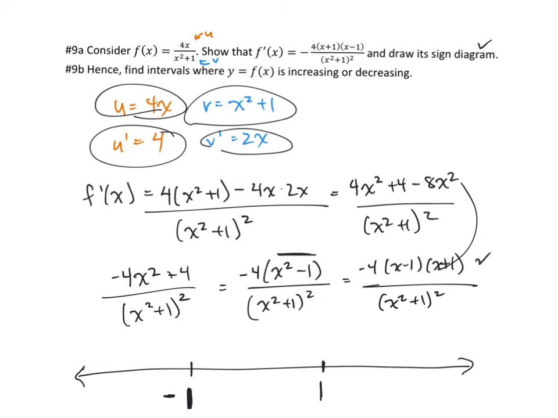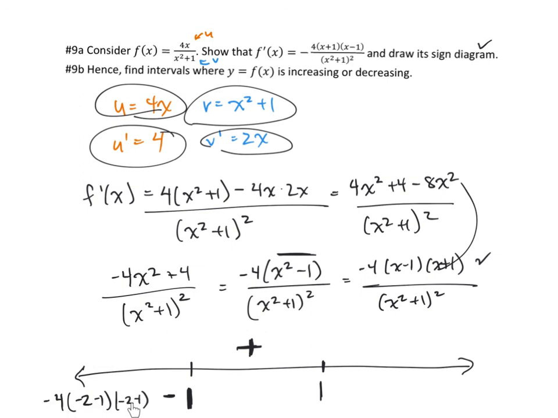So if we plugged in 0, that would be in this middle section here, we'd get negative 4 times negative 1 plus 1. So we'd have a negative times a negative times a positive. So that would get me a positive value here. My guess is if we tried a negative value here, so if we did negative 4 times negative 2 minus 1, negative 2 plus 1, well, this is going to be negative, and this is going to be negative, and this is going to be negative.